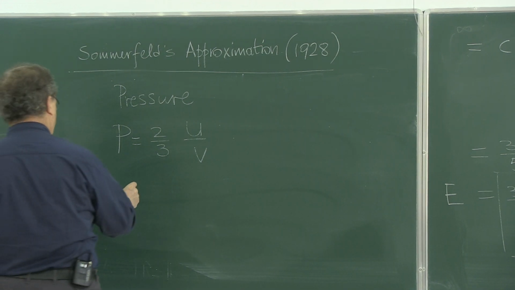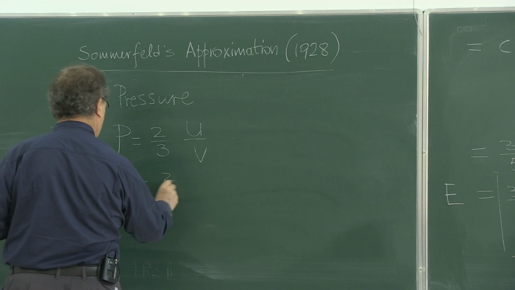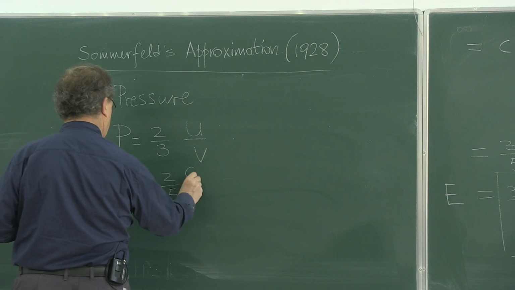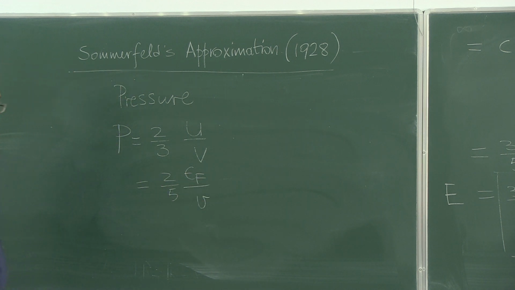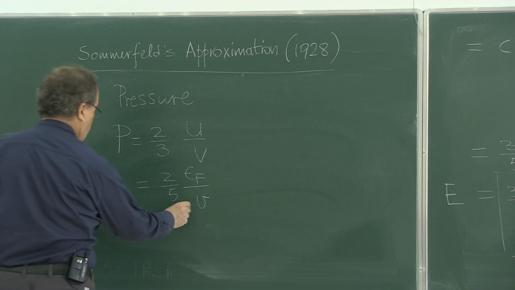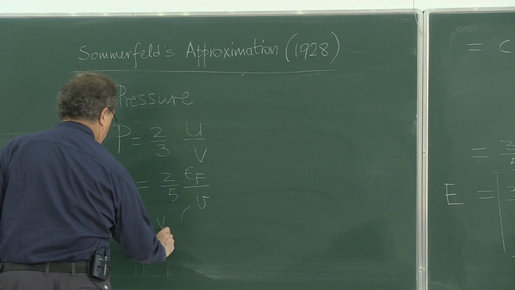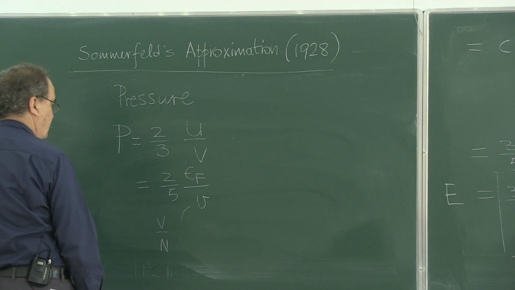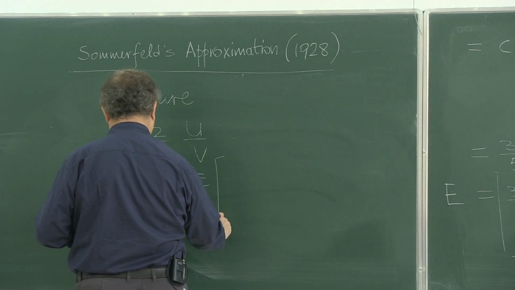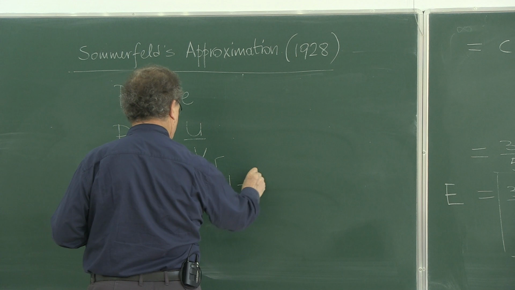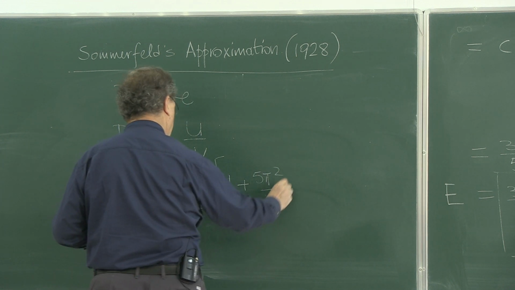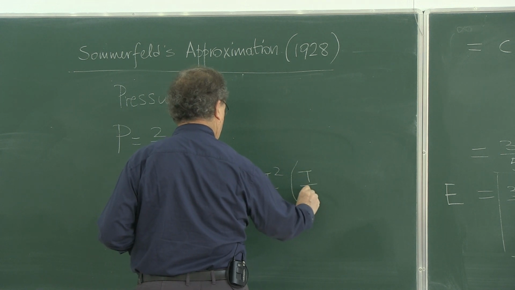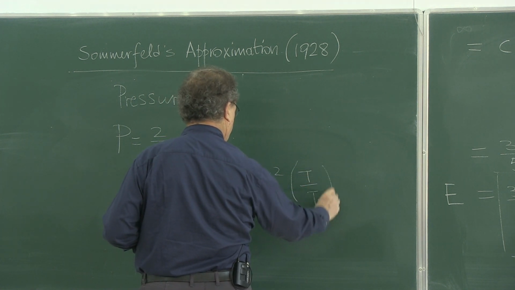So that is 2 over 5 EF over volume per particle, this is V over N, one plus 5 pi squared over 12, T over TF squared.